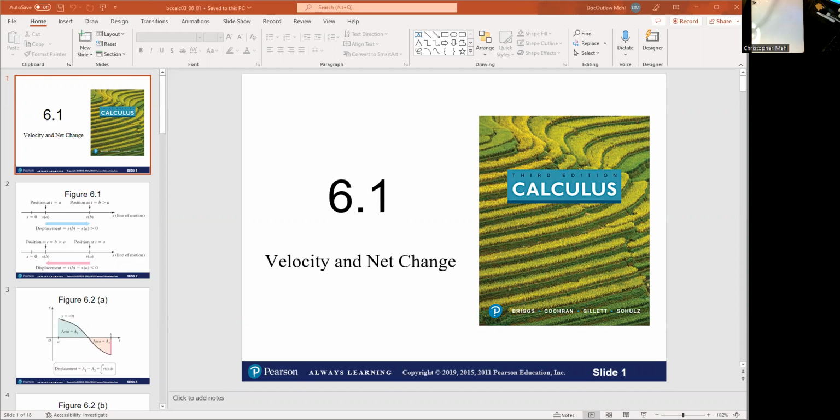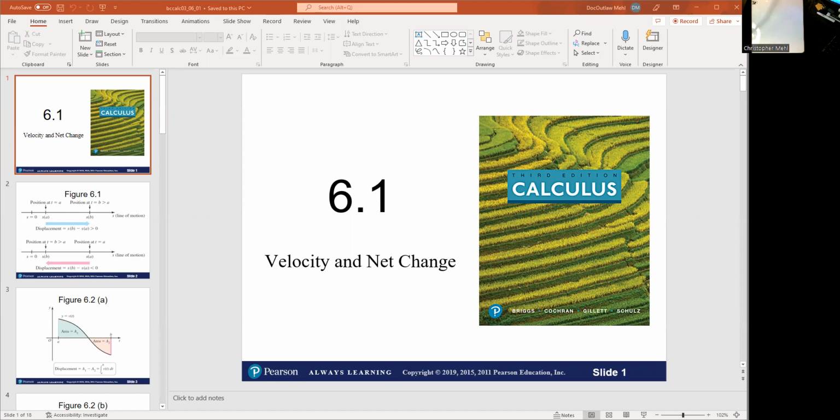Now, we have repeatedly looked at velocity and position. And that's in large part because those types of fundamental physics problems are what motivated and led to the development of calculus in the first place.